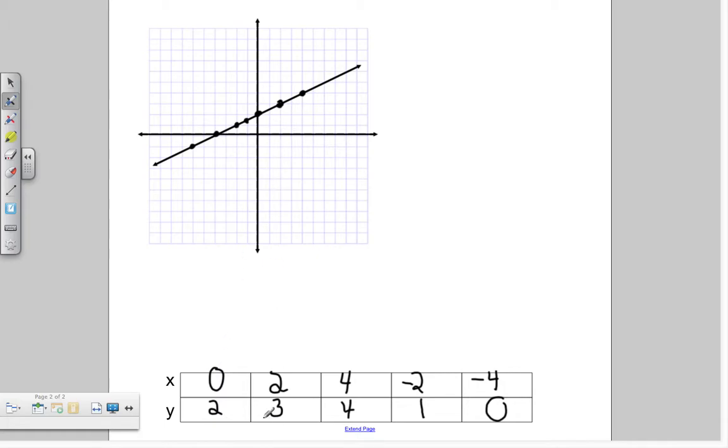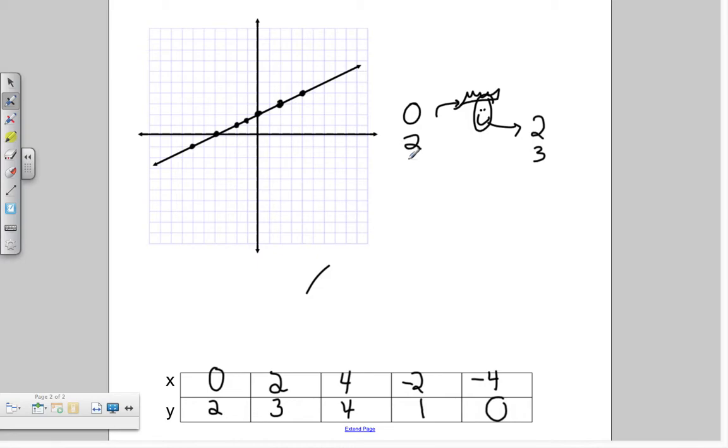Okay, so it's like that old game you used to play, maybe or maybe not. Here's the guy. You put it into his head and he spits it out. Okay, I put a 0 into his head, he thinks about it and he spits out a 2. I put a 2 into his head, he spits out a 3.